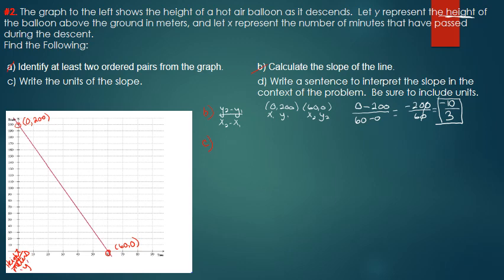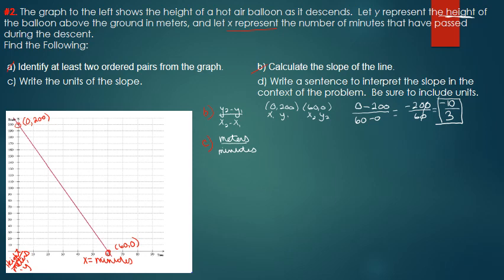And let x represent the number of minutes that have passed during the descent. So our x equals minutes. Going back to our slope equation where we have our y on top, that means the unit for our height is going to be in the numerator, and then the unit for x, our minutes or our time, is going to be in the bottom.